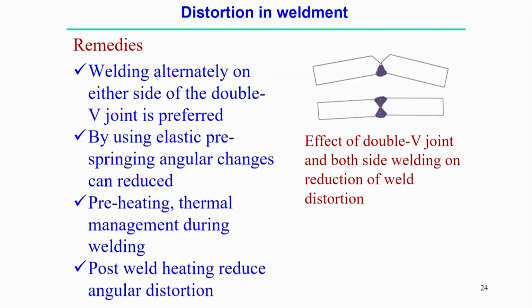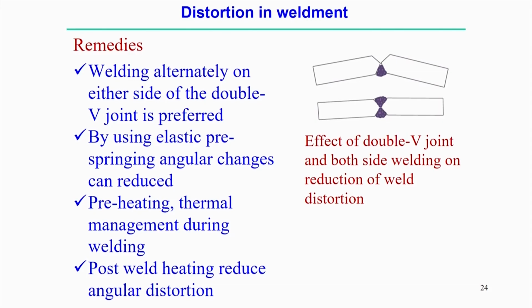Now, other methodologies also exist to reduce the amount of distortion. If we simply look at this figure, the presence of only a single V, that means one-sided welding, will in most cases produce some angular distortion. Specifically, angular distortion mainly happens when the thickness of the plate is relatively high.